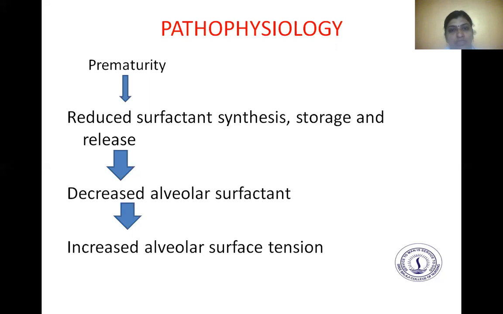When the surfactant synthesis, storage and release are reduced, automatically surfactant production will be decreased. The main function of surfactant is to decrease the alveolar surface tension. So because of less surfactant production, the alveolar surface tension will be increased.